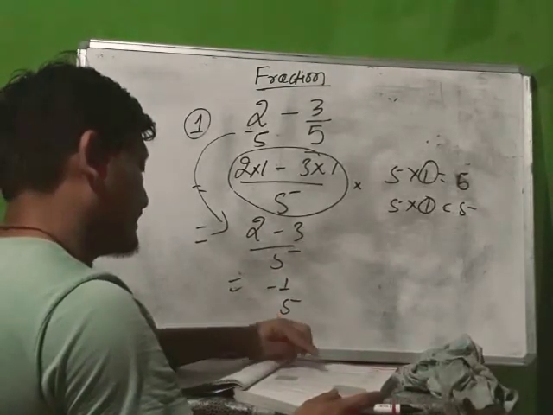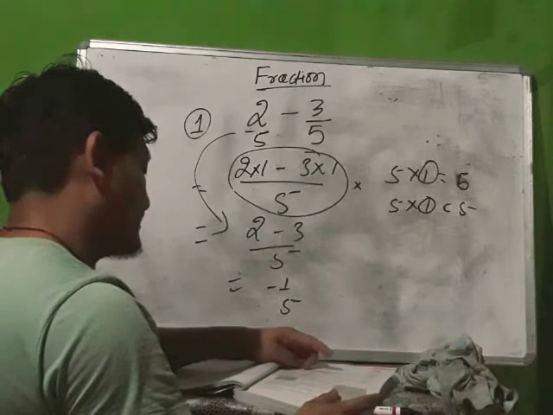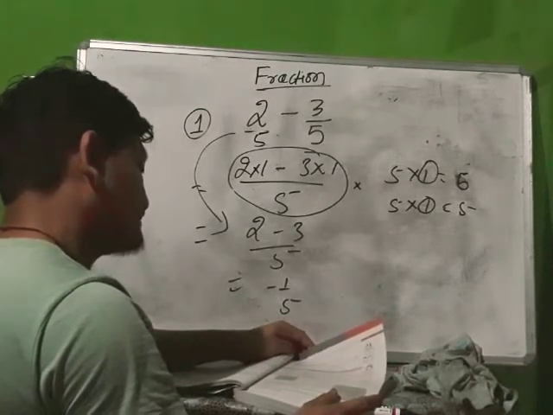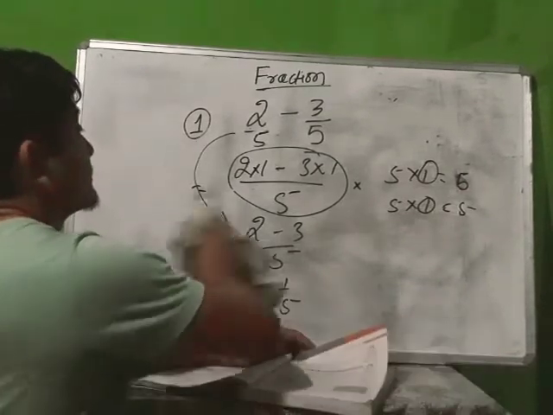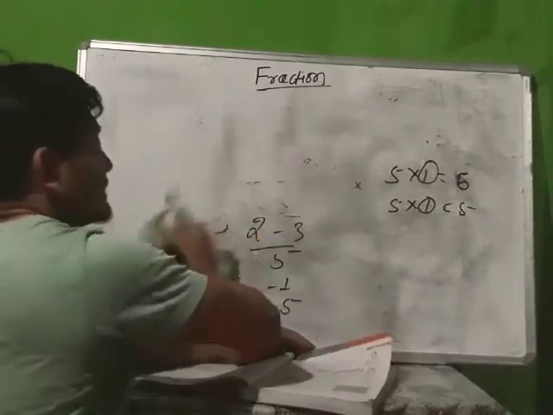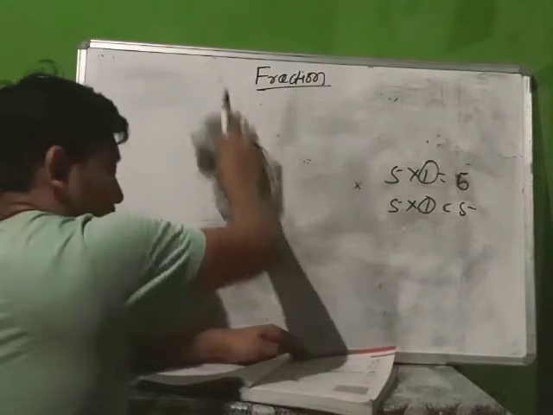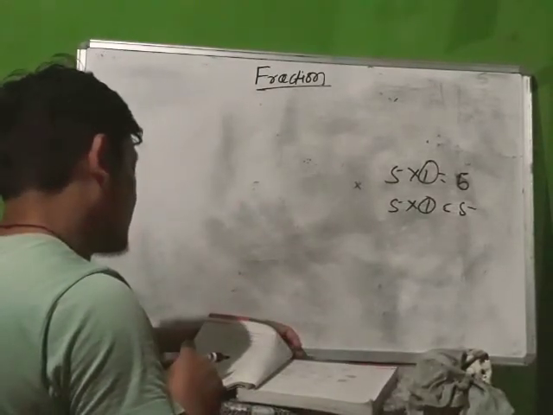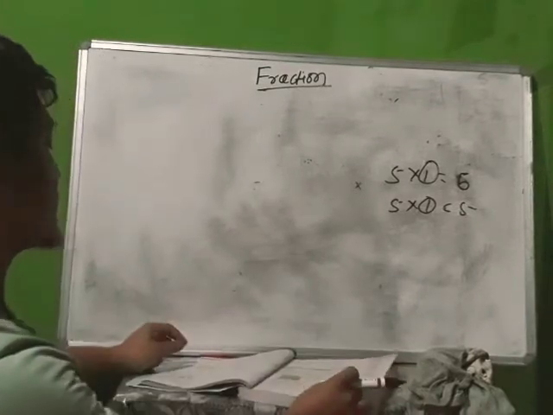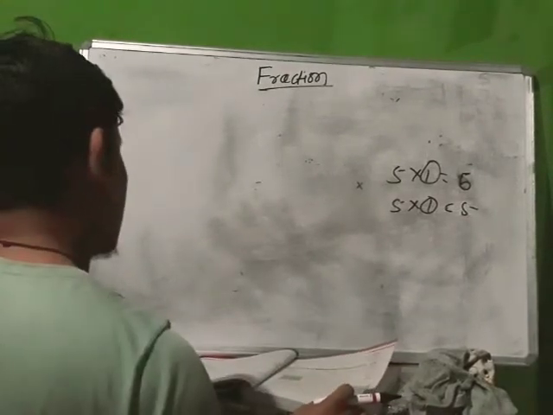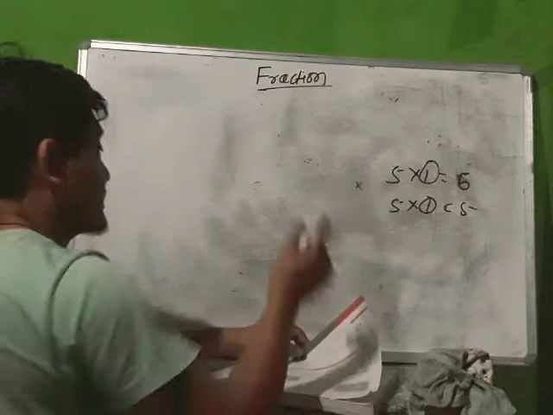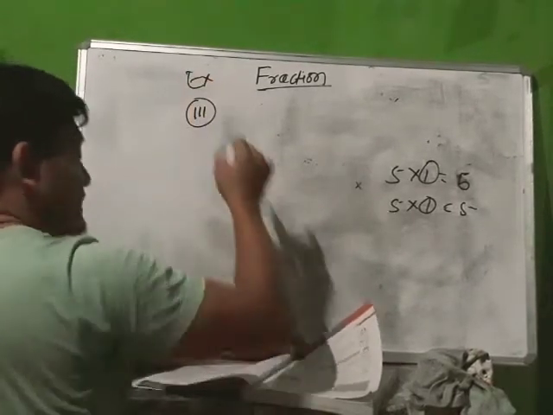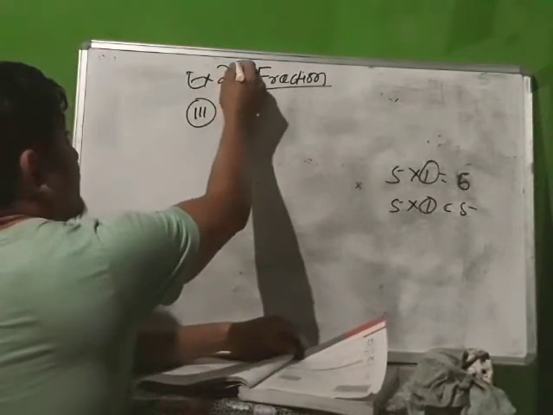So you have some more questions given here, like question number 3. So talking about question number 3, I'm just trying to help you. Question number 3 of exercise 2.1.